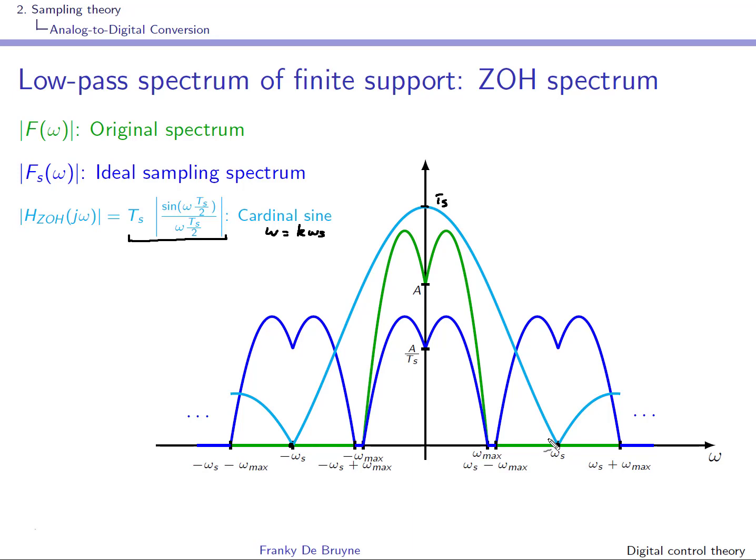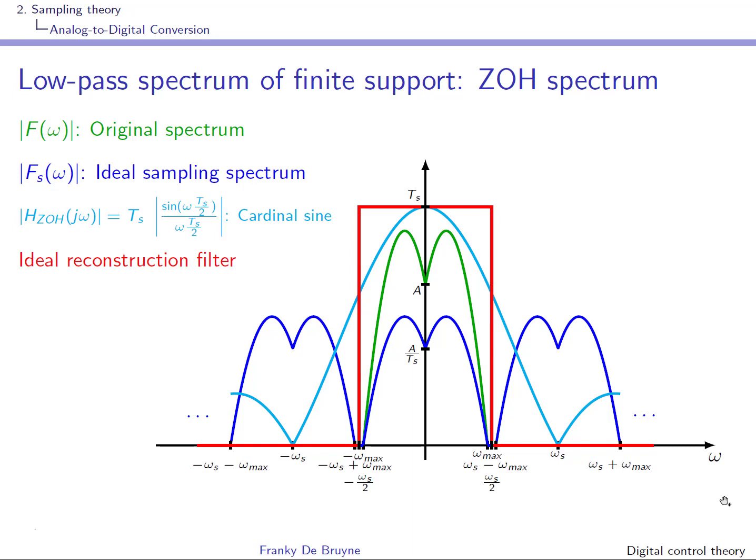So what we'll do now is first compare this amplitude spectrum of this cardinal sine with the ideal reconstruction filter, and next compute the spectrum of the reconstructed signal, which will be obtained by taking this one over here and multiplying it by this one over here, and we'll be able to show this visually.